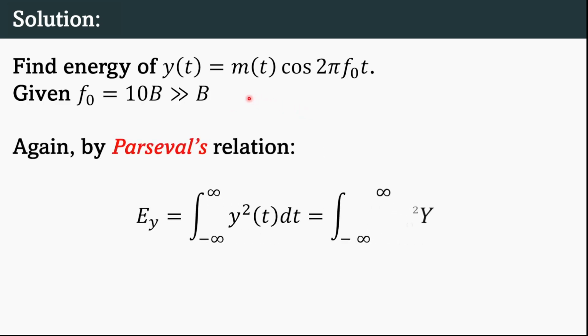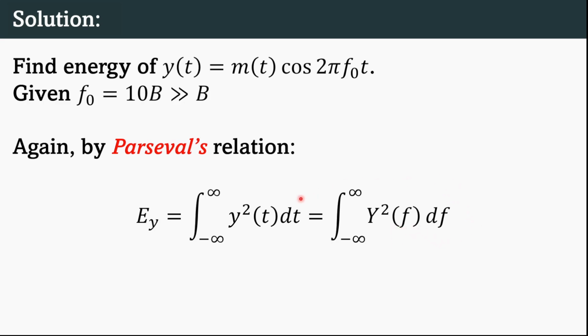Now we are asked to evaluate the energy of the modulated signal y of t, and again with the help of Parseval's relation we see that Ey, the energy of the signal y of t, would be equal to, according to the definition, the area of the signal y square of t, which is nothing but the integral from minus infinity to infinity of y square of t dt, and again in the frequency domain that would be the area of the square of the Fourier transform of y of t, which is the integral of Y square of f df.